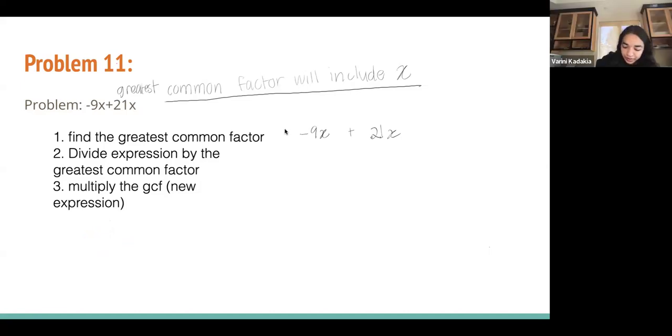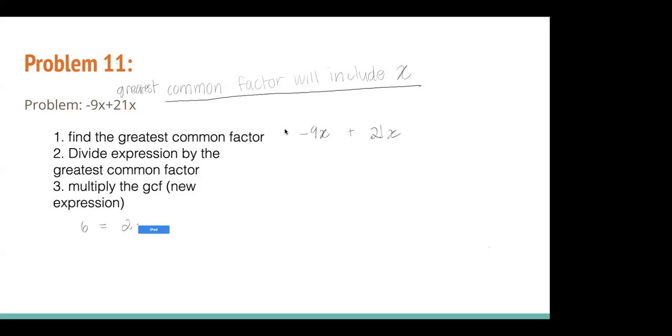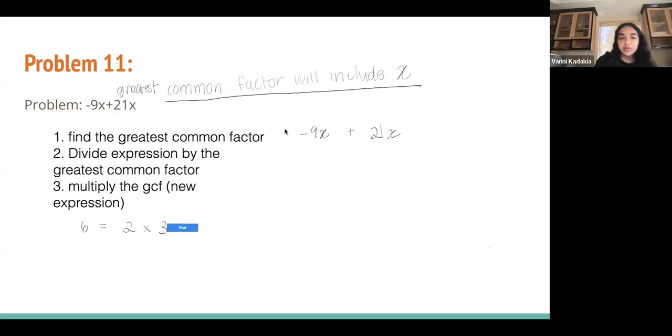So you know how we can write 6 equals 2 times 3? Yes. So 6 equals 2 times 3, right?